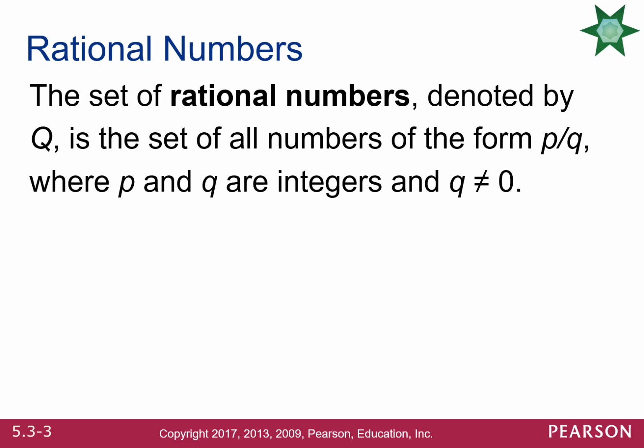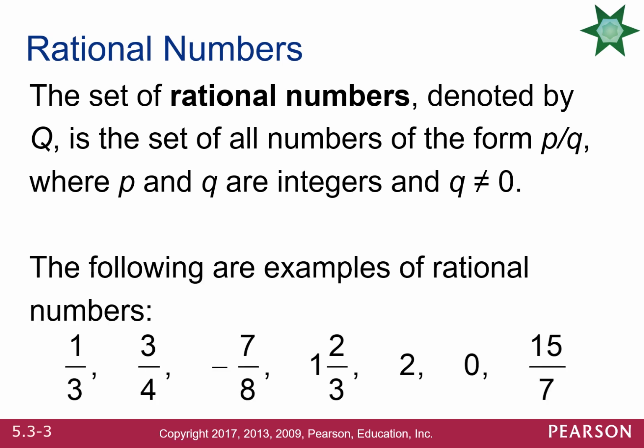Let's look at some examples of rational numbers. The first number we have here is 1 over 3. Rational numbers essentially are fractions. Remember, the numerator is represented by P and the denominator is represented by Q, and the numerator and denominator must be integer values.